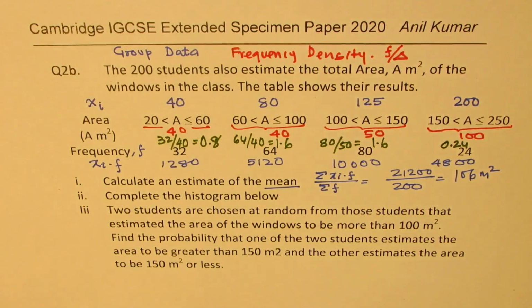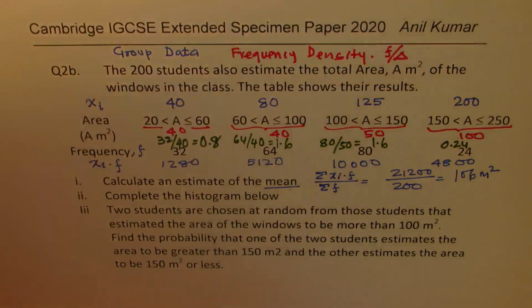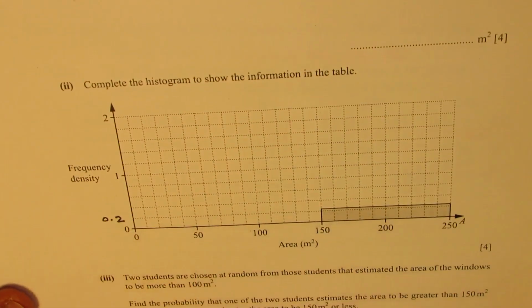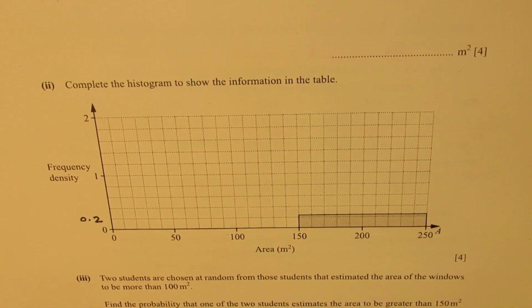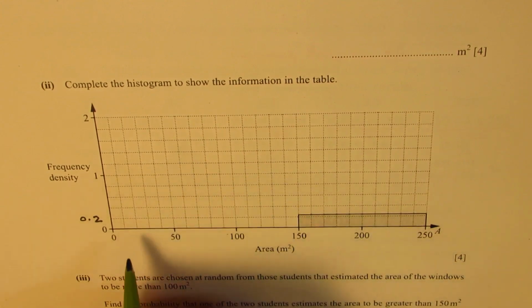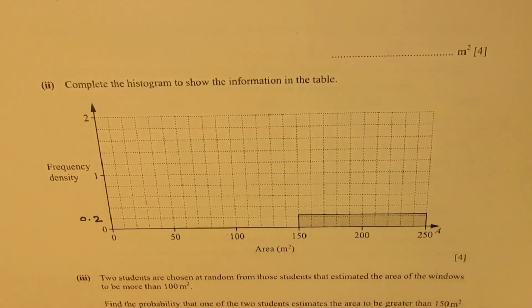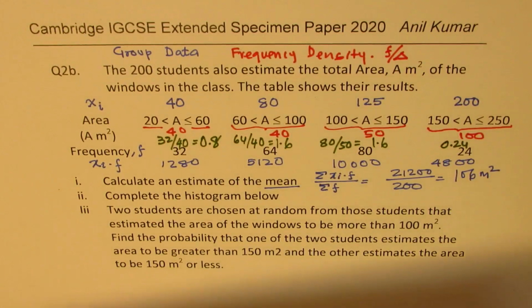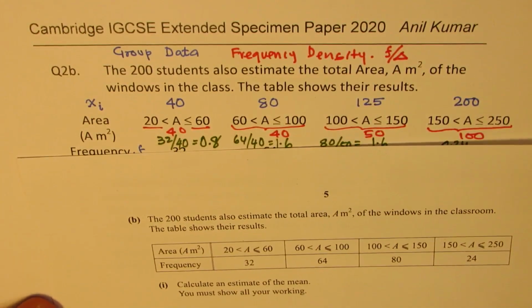So these are the values which we have to match, correct? Let me write down these values in our histogram: 0.8, 1.6, 1.6 and 0.24. We're just writing the numbers here, and then we'll actually find the height, right? What we have here is different intervals from 20 onwards, correct?